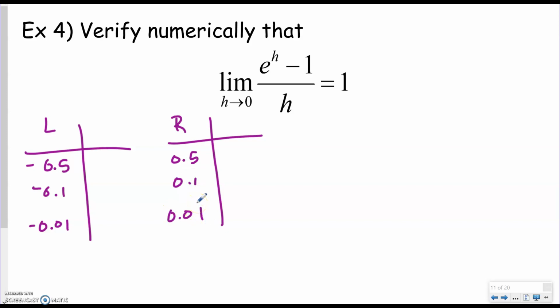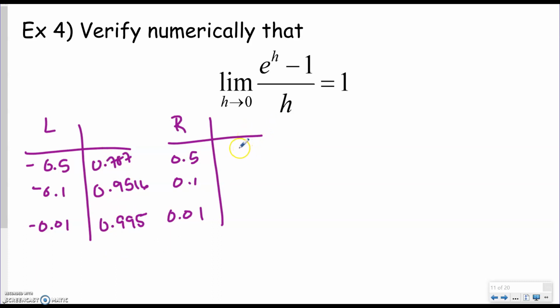So when I plug those values in on the left side and do e to the exponent minus 1 over that number, I get 0.787, 0.9516, and 0.995. So you'll notice this is getting closer to 1.